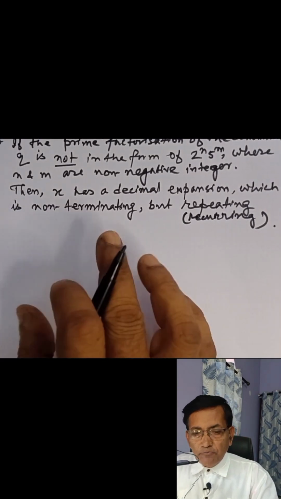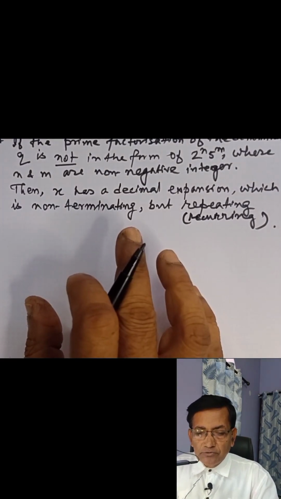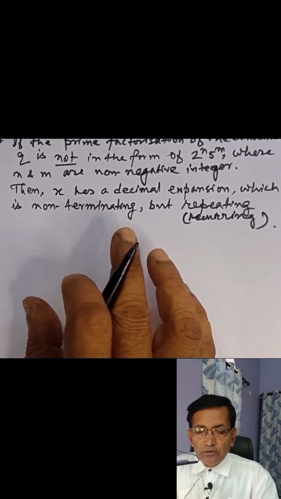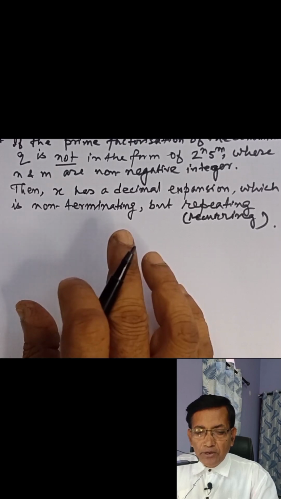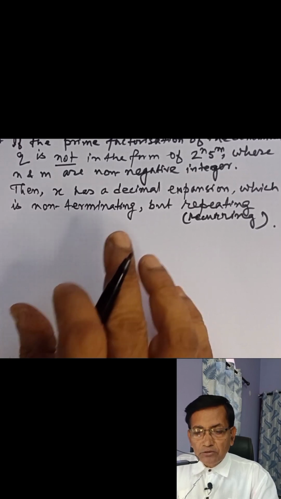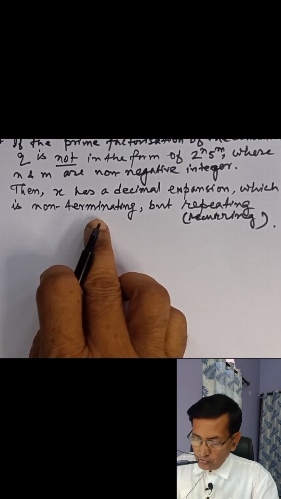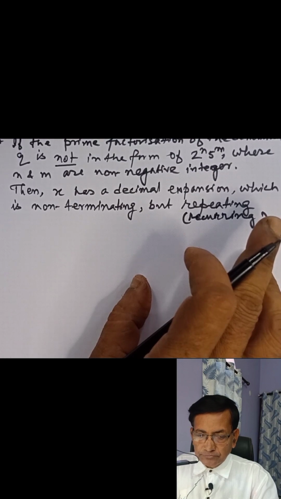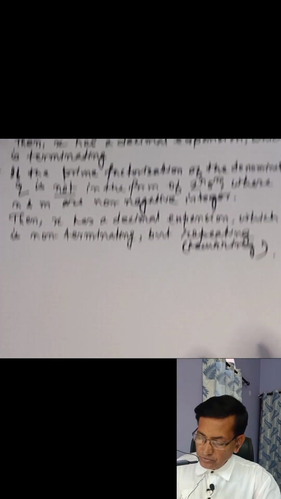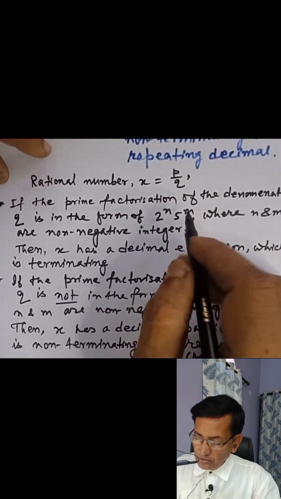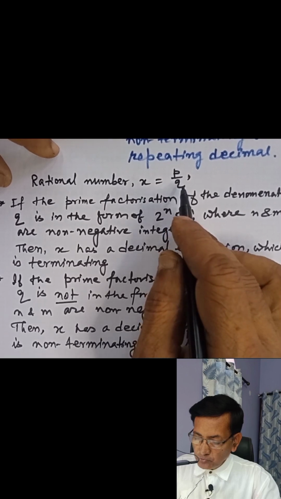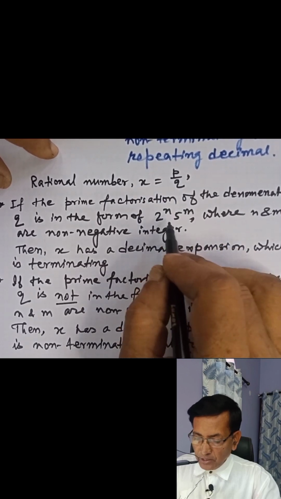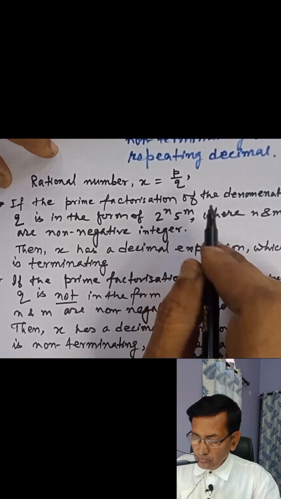Without actually performing the long division, it can be stated whether the rational number has a terminating decimal or a non-terminating but repeating decimal. How? Just by examining the denominator, whether it is in the form of 2 to the power n, 5 to the power m.